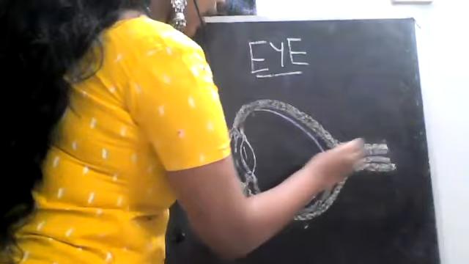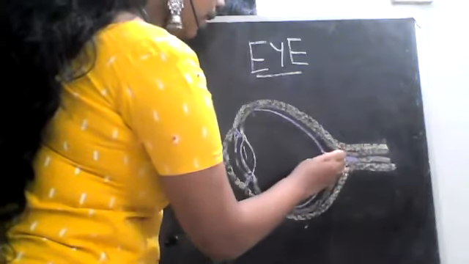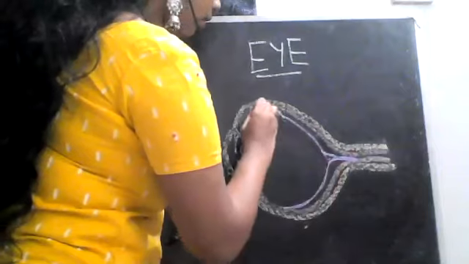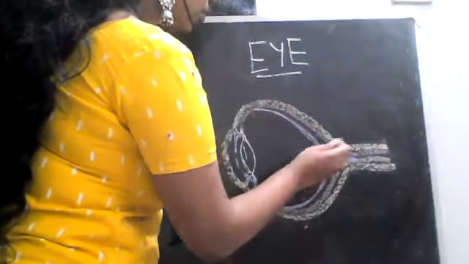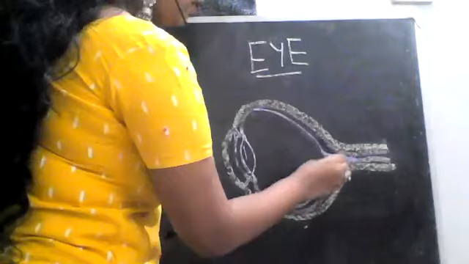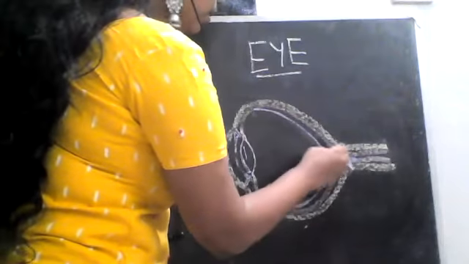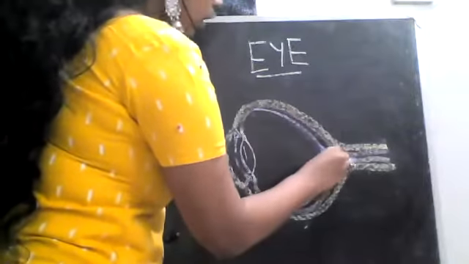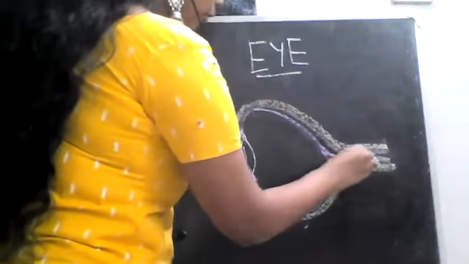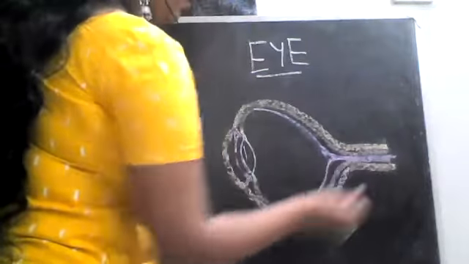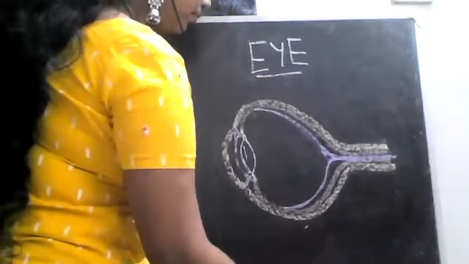The retina has a lot of nerves, and whatever image is being formed in the lens falls on the retina. So the retina is like a screen where the image is captured. Over here we have a lot of nerves which join together to form the optic nerve in this place.